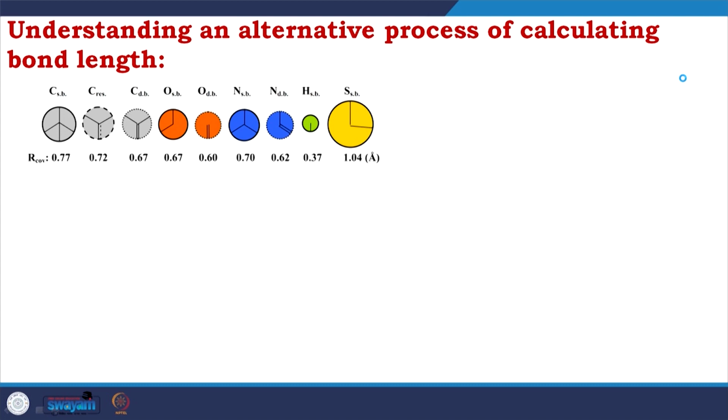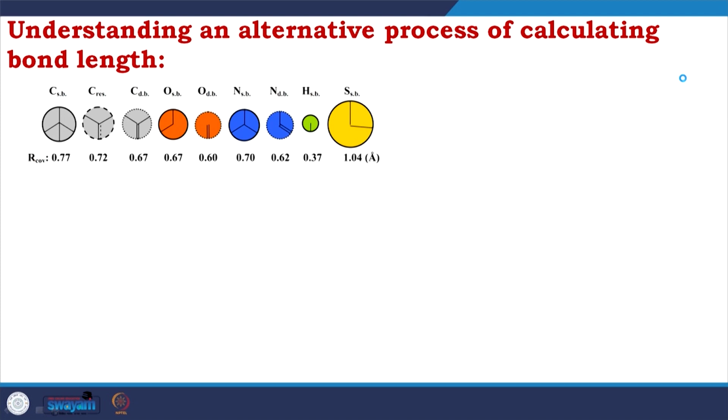Here is the process: all of them have their covalent radius. Carbon single bond has 0.77 angstrom. Carbon resonated has 0.72, because of resonance it reduced. Carbon double bond is 0.67, definitely reduced because of the development of the pi bond.